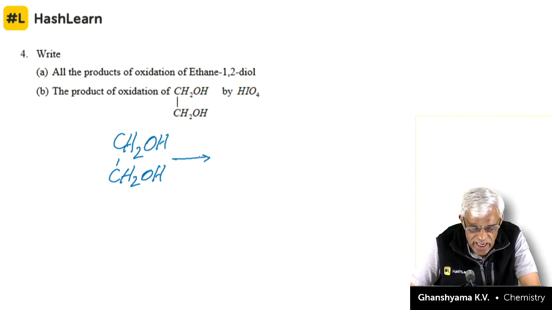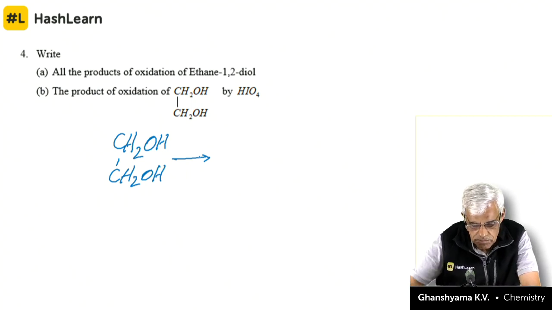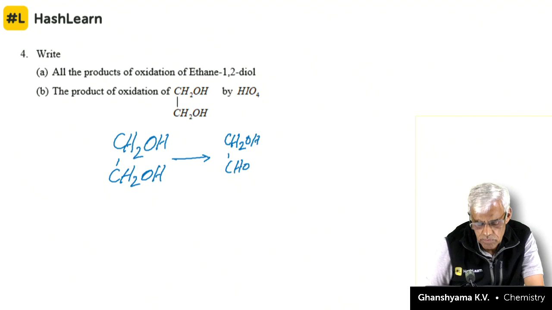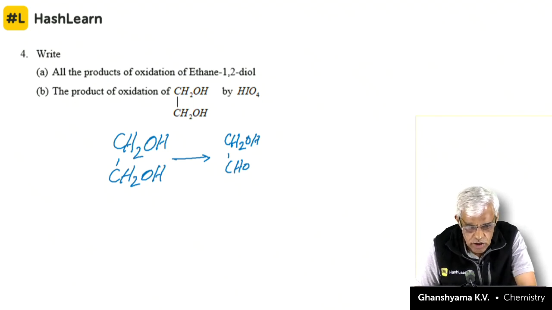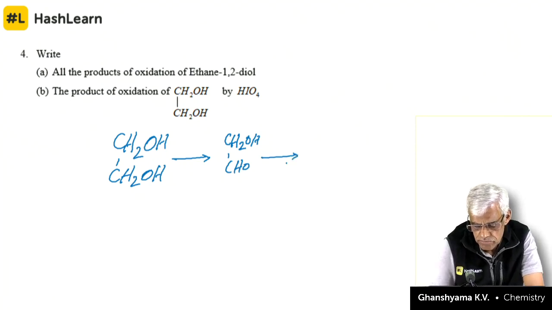Ethane 1,2-dial. Okay, that's one of the products, Radhika. Slow oxidation will give you this CH2OH CHO. Primary alcohol on oxidation will give glycolic aldehyde.